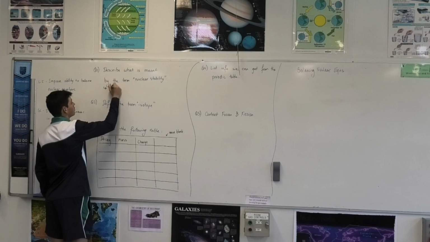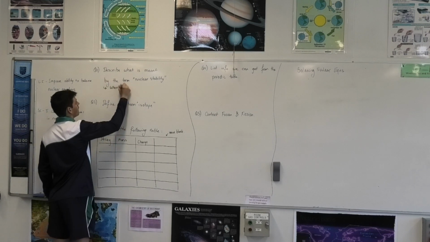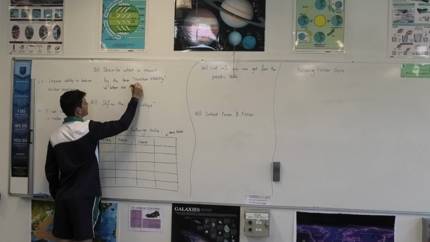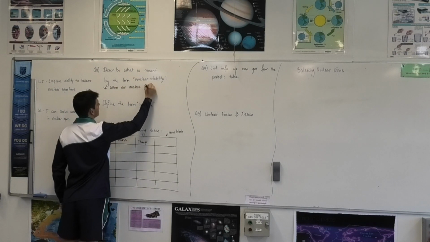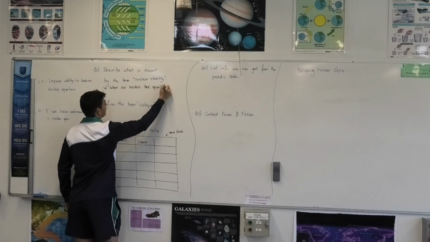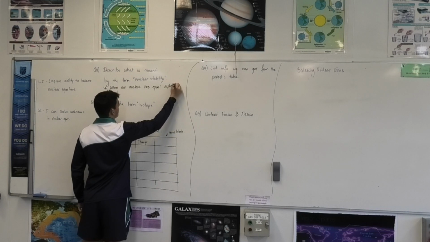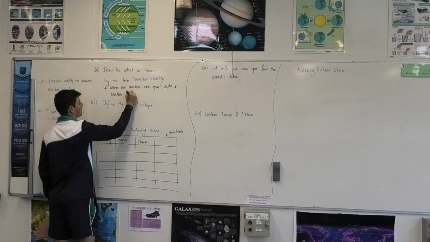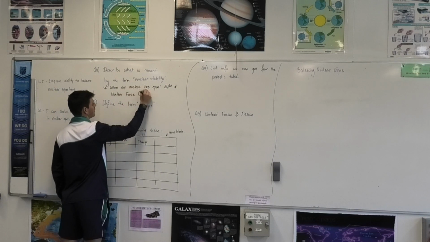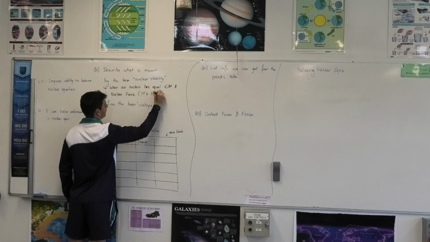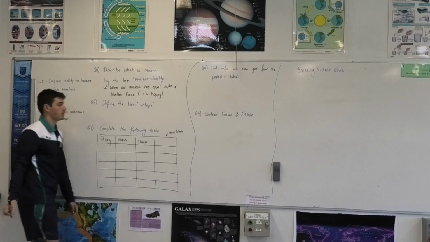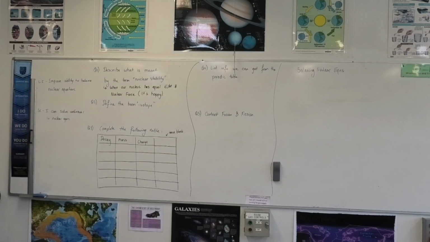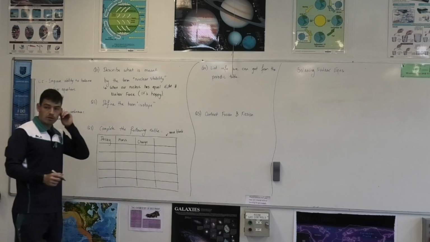So I'm going to put the solution to that is when our nucleus has equal EM and nuclear force. In brackets, it's happy. When our nucleus is happy, it's stable. Neither force is winning.